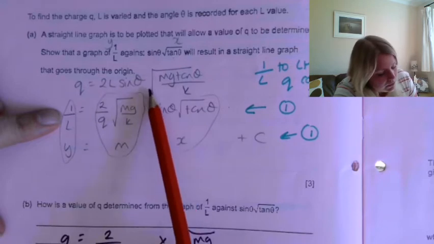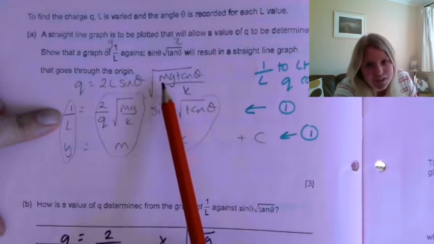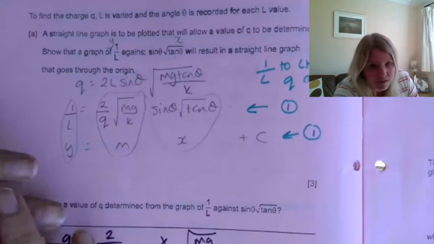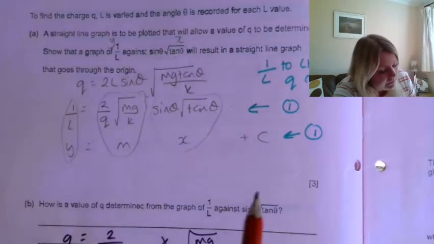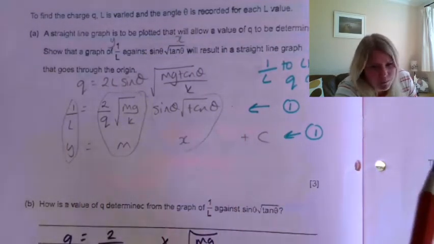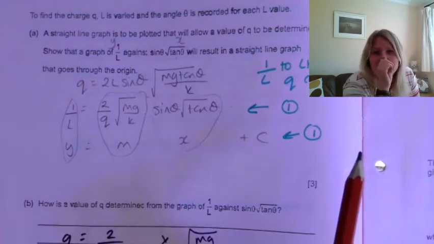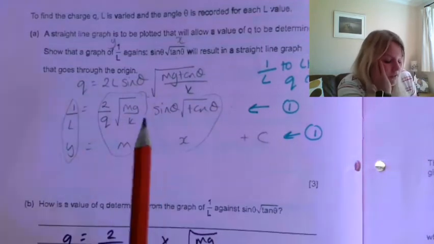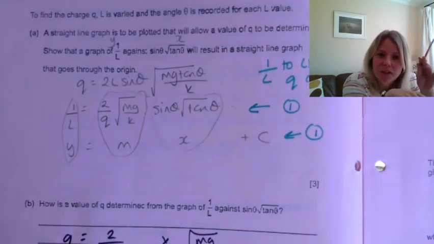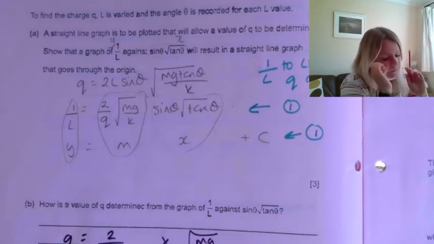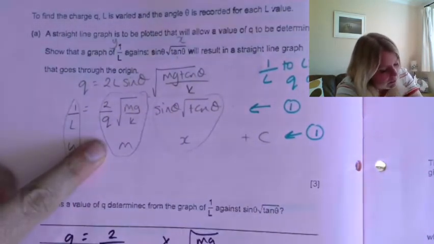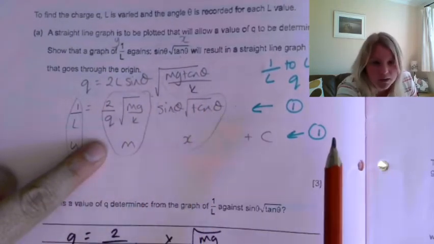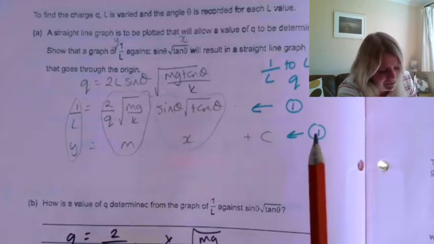The square root here was originally mg tan theta over k, but because they've asked for it like this, I've just separated them out and had them multiplying together. It means the same thing. It's like surds, if you remember doing those, it's just separating out the stuff that is being square rooted. So the mg over k has come out to here, and then I've just written these two beside each other. Hopefully you can follow that.